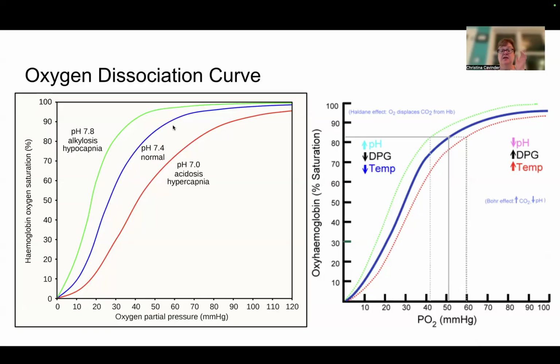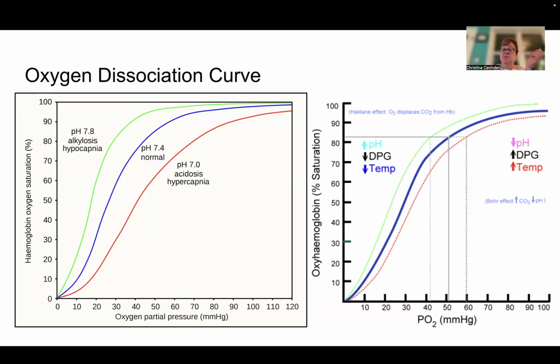You don't want that. 91 is okay for those patients because, if we look here, it's low, but they've probably been reading that for a long time. And now oxygen is their drive to breathe. So if you give them oxygen, they stop breathing.